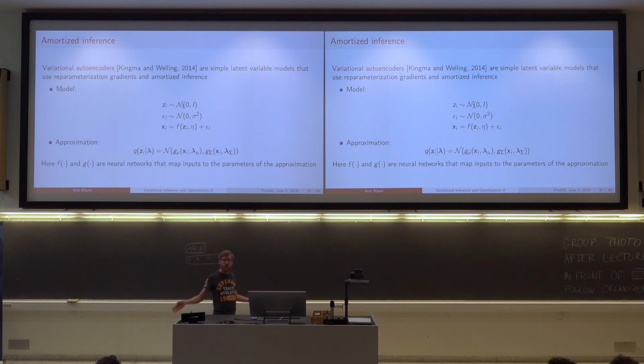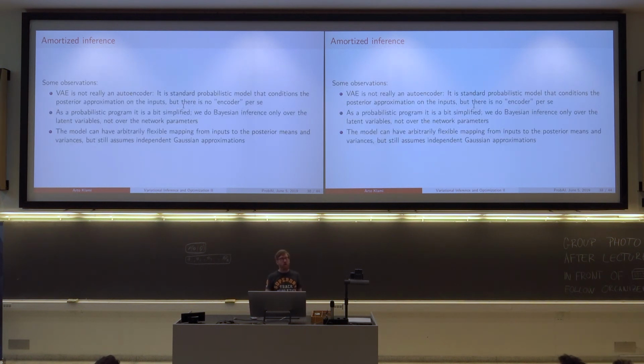So you're mapping your inputs to the parameters of this approximation. But that's just a technical thing. You could just as well parameterize each of your approximations independently. So we're not really doing an auto-encoding principle here. It's postulating a simple probabilistic model using amortized variational inference for approximating the posterior over these data factors.